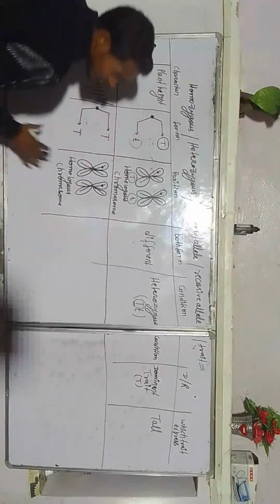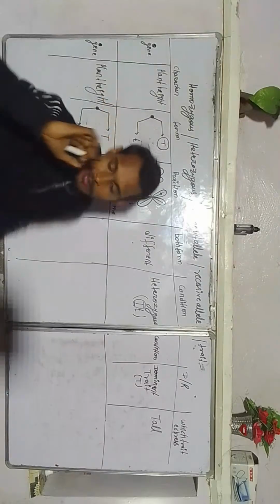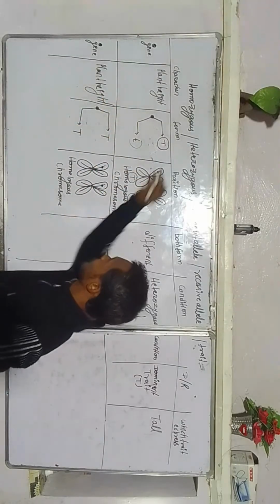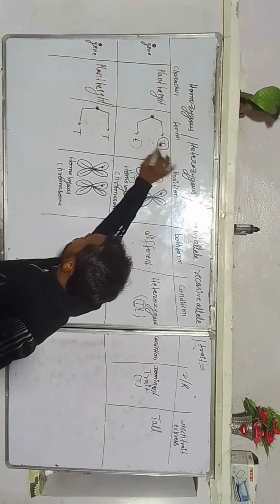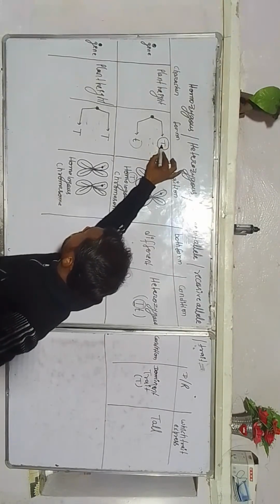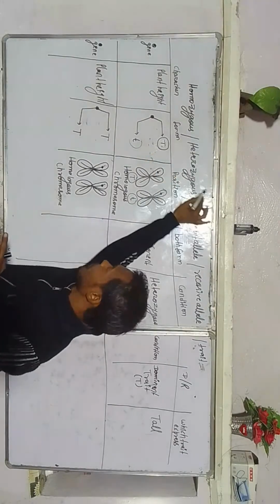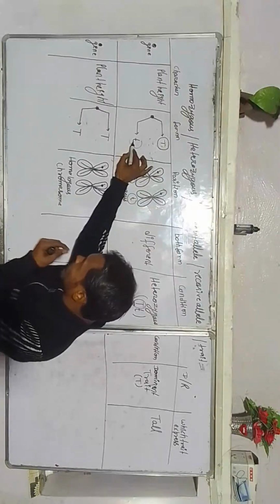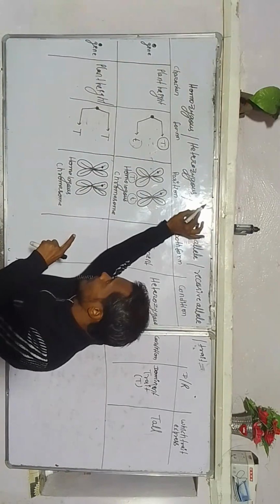Both forms are the same, yet different. Capital T, small t. When it comes from the parent and then comes to the offspring, the offspring will be tall.